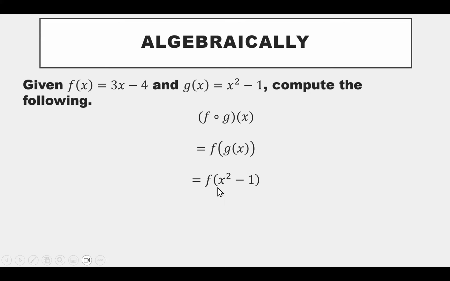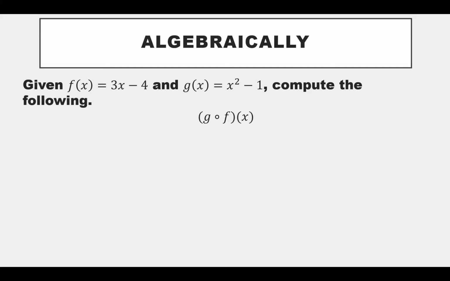So I'm plugging in x squared minus 1 as the new input of f. So I replace this variable here, which is x, with the quantity x squared minus 1. I would get 3 times the quantity x squared minus 1, minus 4. When I simplify that, I would get 3x squared minus 7.